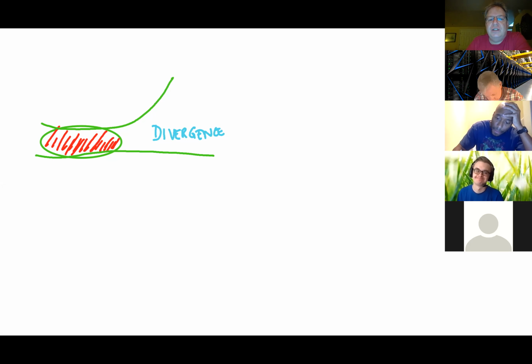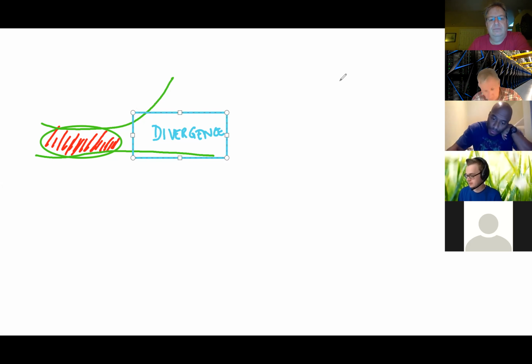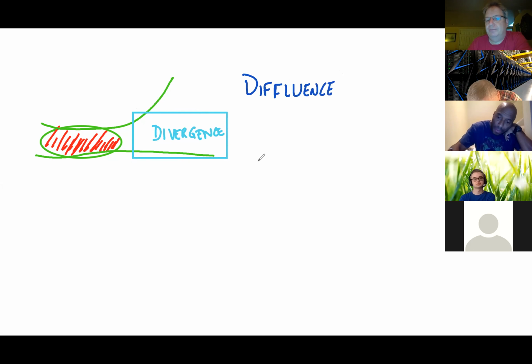What is actually happening in this region here? Diffluence, which is part of the divergence term, right? But what is happening here where the winds are faster than they are, let's say, here?